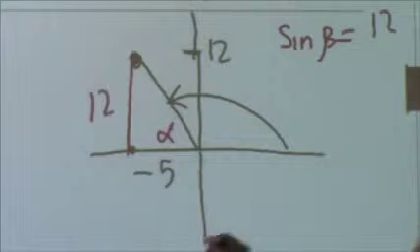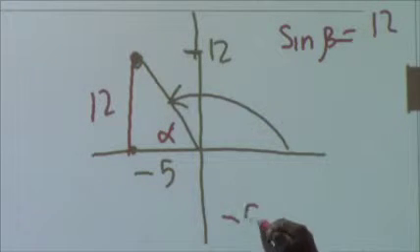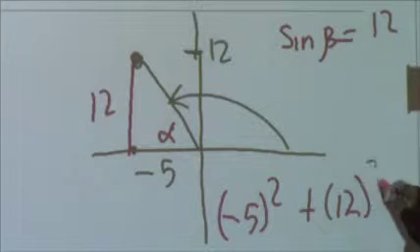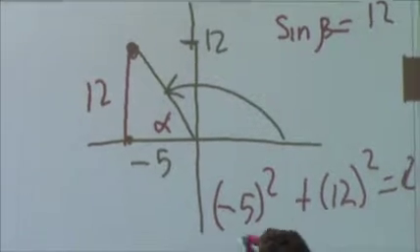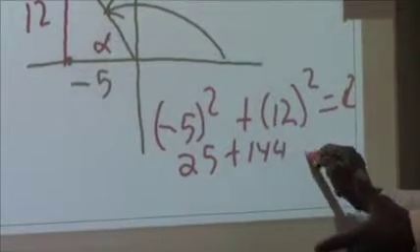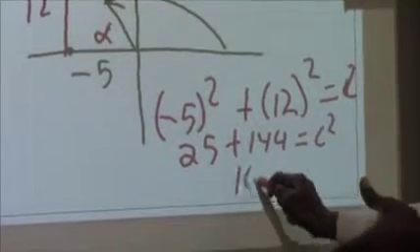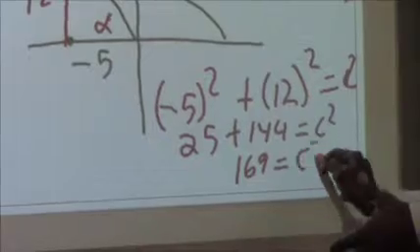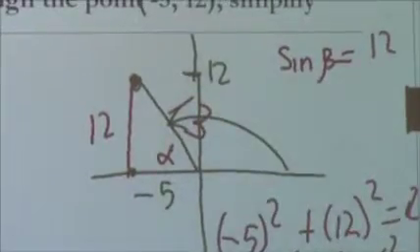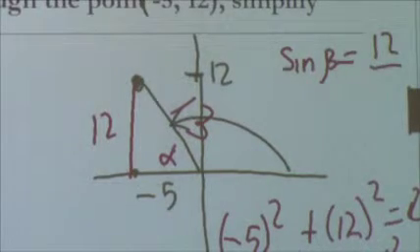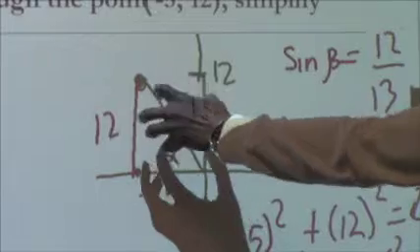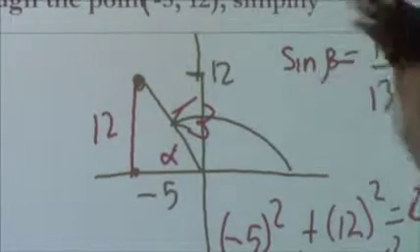If we did -5 squared plus 12 squared to give us c squared, -5 squared is 25 plus 144 gives me c squared. I'm going to have 169 equals c squared. Take the square root, and this side is 13. So sine is going to be 12 over 13. This angle is in quadrant 2, so the sine must be positive.